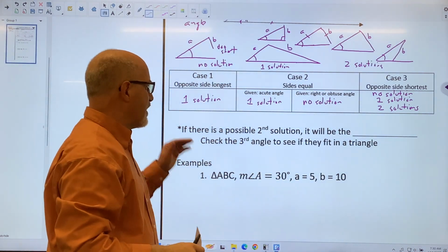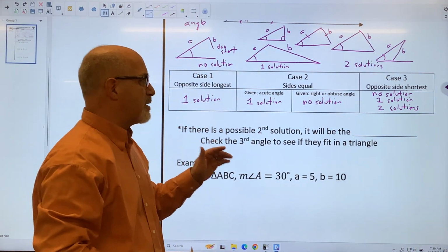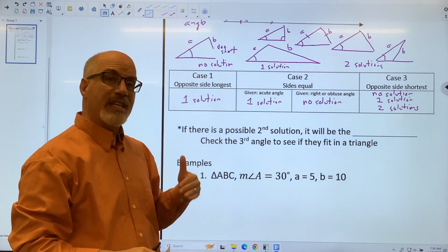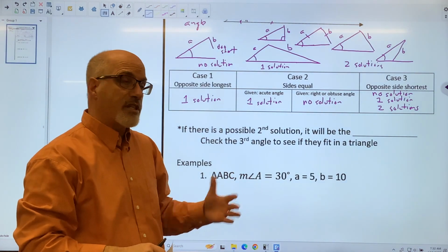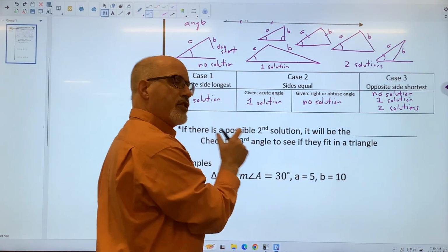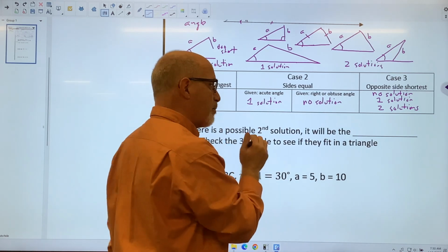examples down here. So if there is a possibility of having two solutions, if you're in that situation where you're examining, is there a second solution to this problem? What you do is you check the original angle and find the supplement.